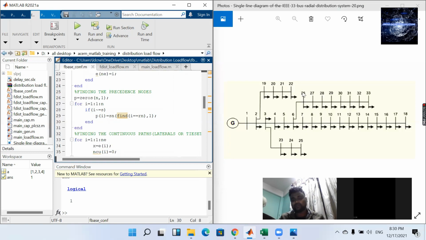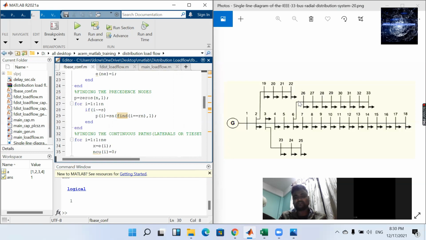We can easily find from the picture that the precedence node of 26 is 6. But in a program, how can you find this? By developing a logic. For that, first we have to find the 26 is the receiving node of which line.